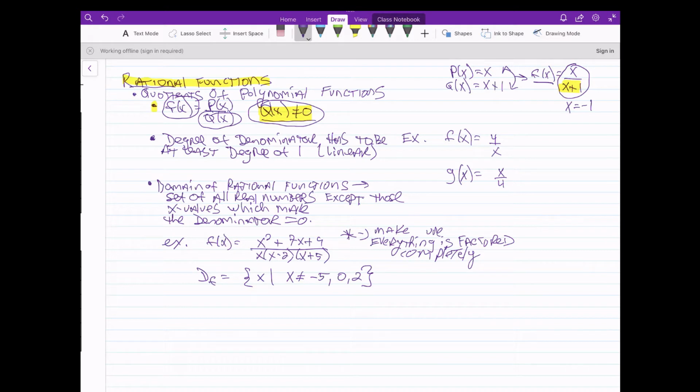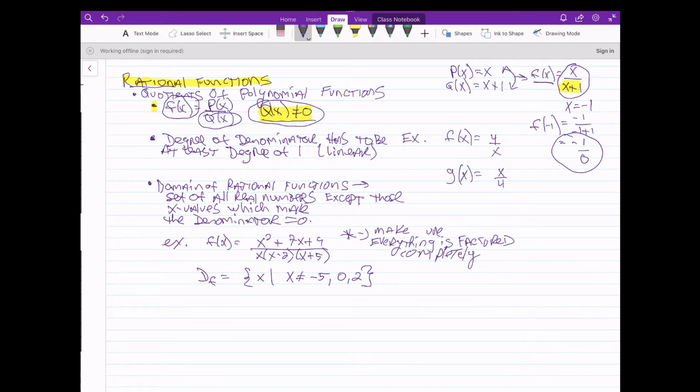Because if we did f of negative 1, using full function notation, we would have negative 1 over negative 1 plus 1. If I carry this down, we'd get negative 1 over 0. And we know we can never divide by 0. That would create an undefined situation, and we would have to exclude that value from our domain.